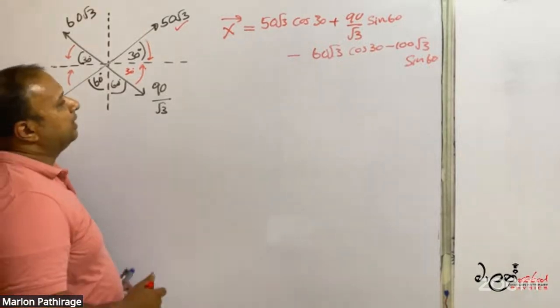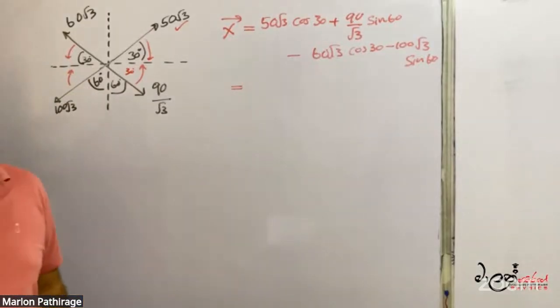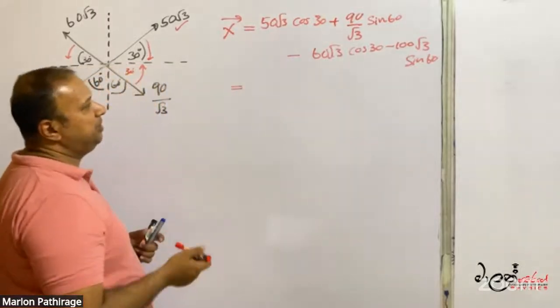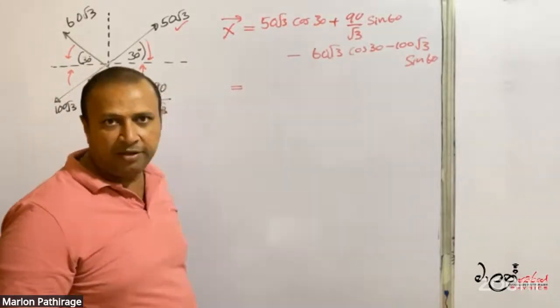Then we can simplify this one. 50 root 3 cos 30 means root 3 over 2, so 25 into 3, that means 75.